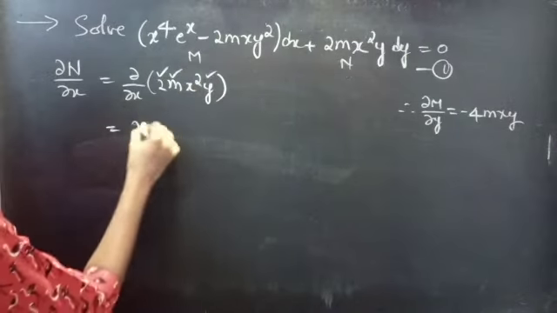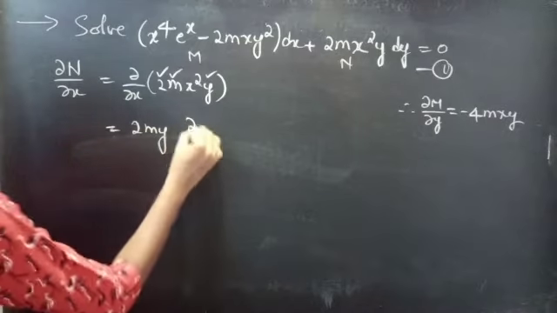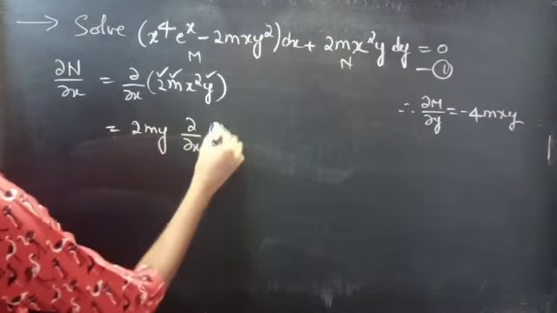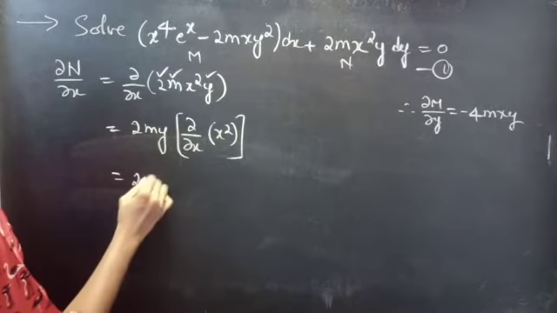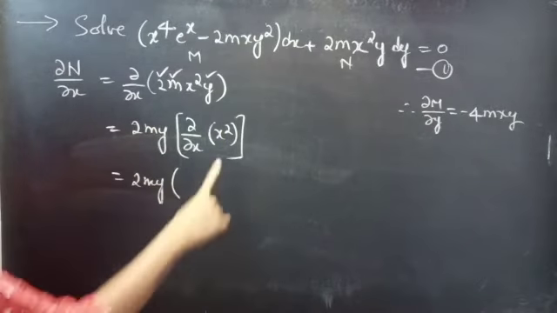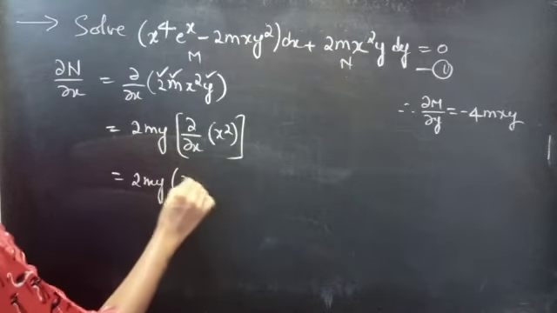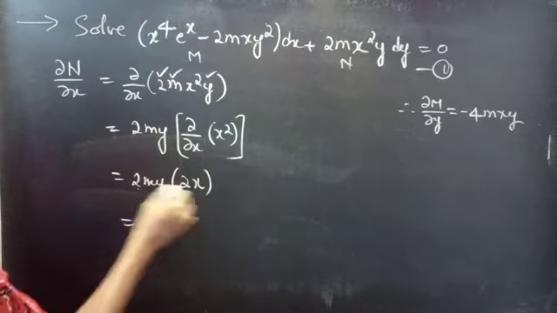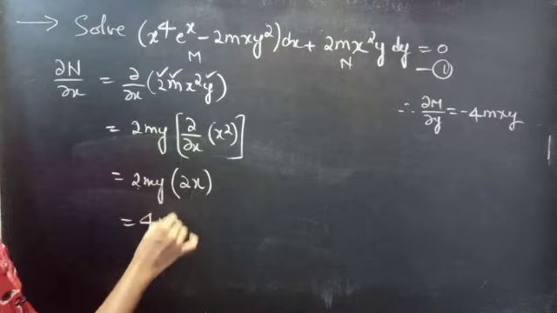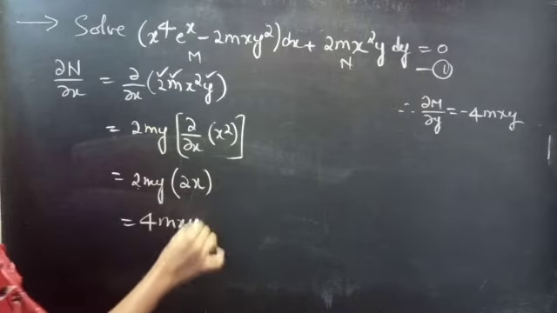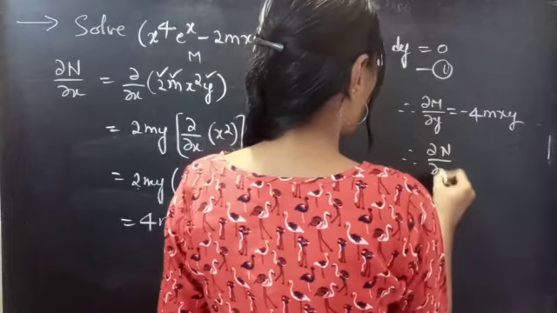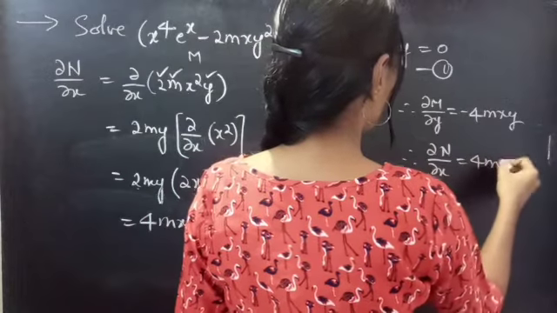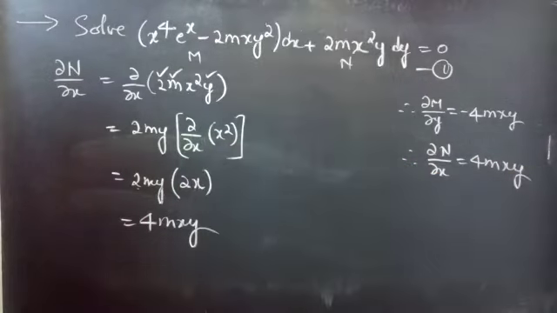You can write the above as 2my, that is constant, into the partial derivative of x² with respect to x, which is 2x, equals 2 twos are 4mxy. Therefore, the partial derivative of N with respect to x is 4mxy.